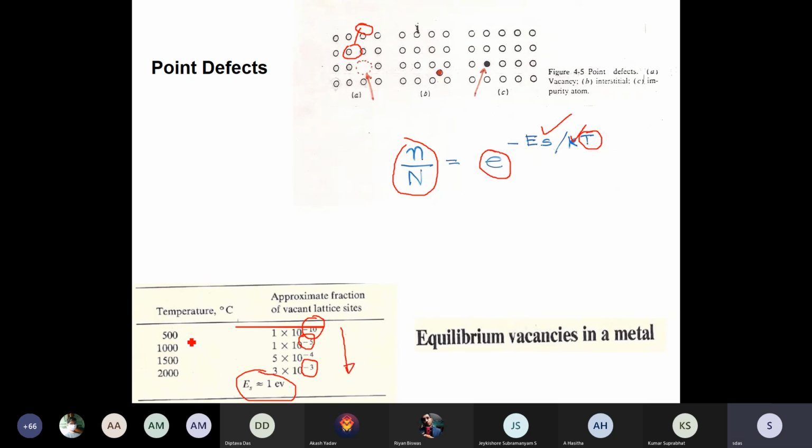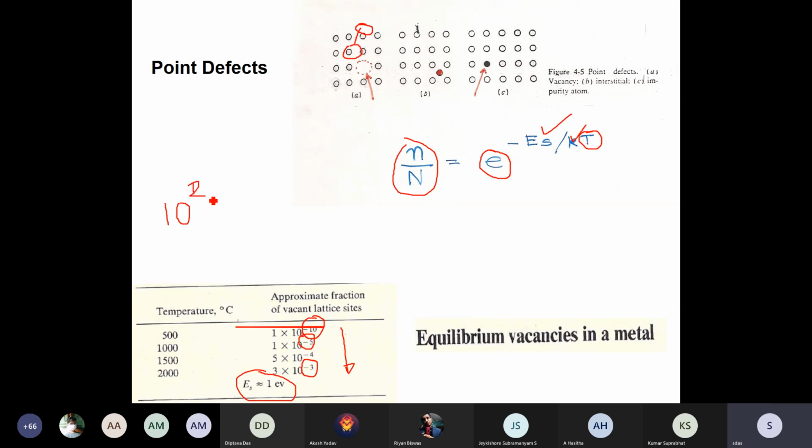At 500 degrees Celsius, I have 10 to the power minus 10, this fraction of vacant sites, whereas at 1000 degrees, 10 to the power minus 5. Remember, whatever value you put as the power, that is called an order of magnitude.